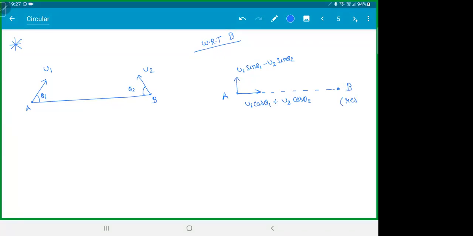So B will think I'm at rest. Now you tell me which velocity is responsible for rotating. This is responsible for changing the direction, isn't it? In relative motion, we ignored it. This is actually your V tangential. And this velocity is responsible for bringing A and B together.